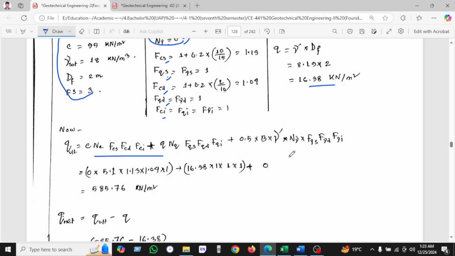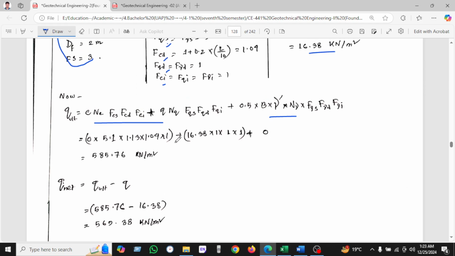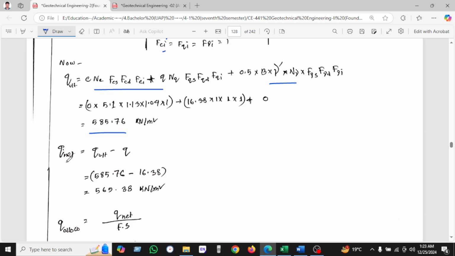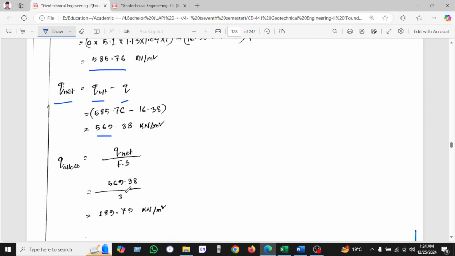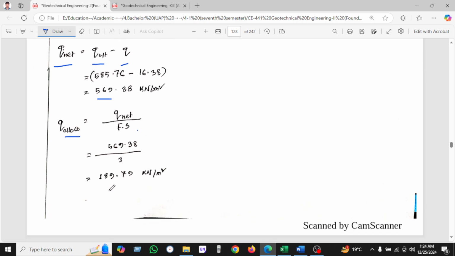Putting all these values in this equation, I found q ultimate 585.73 kN per meter square. So we know q net equal to q ultimate minus q, found 569.38, and q allowable is q net divided by factor of safety, found 189.79 kN per meter square.